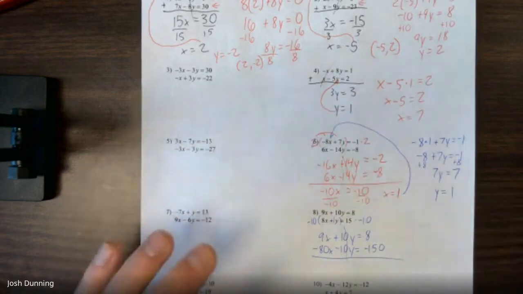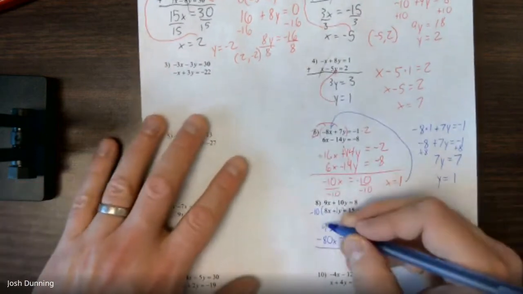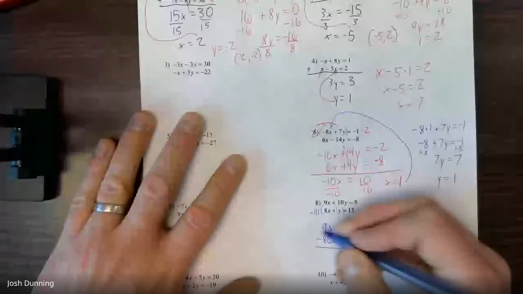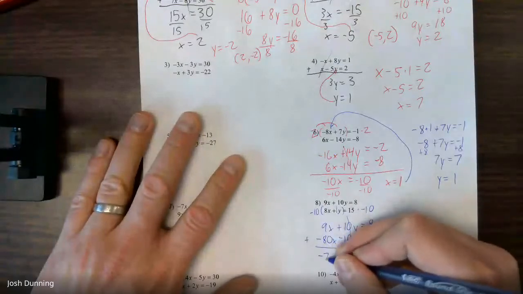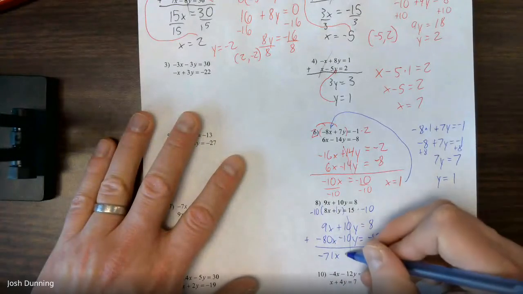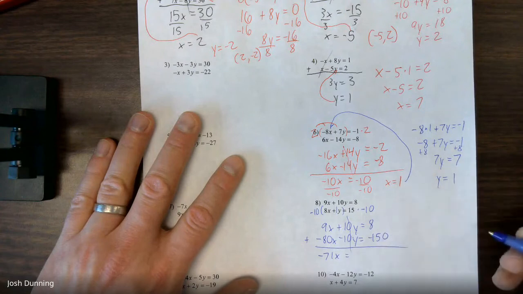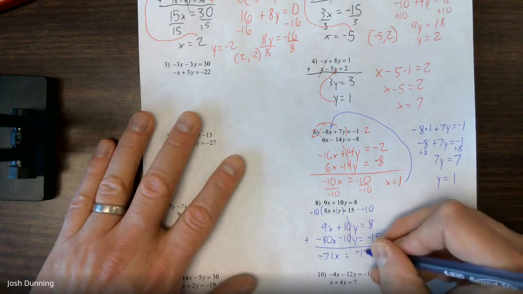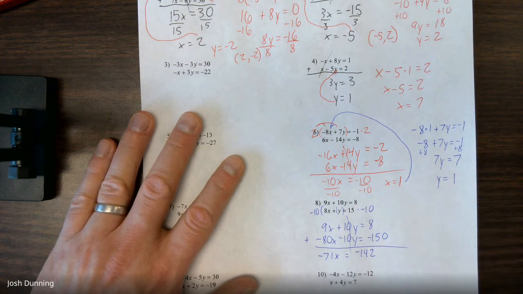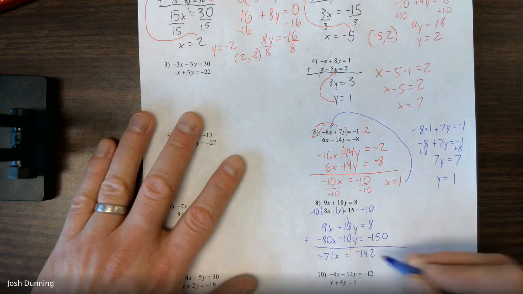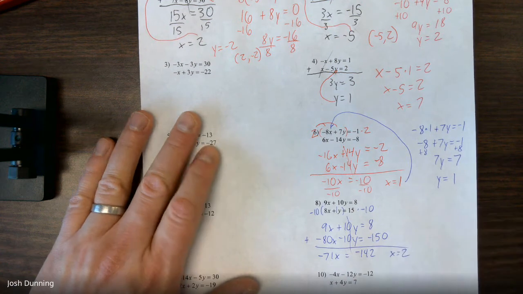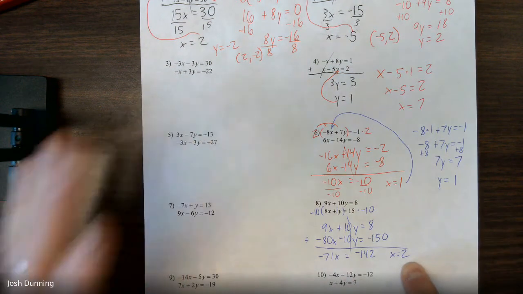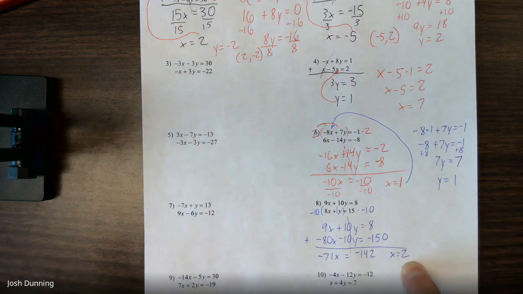Now my y's cancel right out. 9 plus negative 80, negative 71x. 8 plus negative 150, or 8 minus 150, same thing, negative 142. Divide by negative 71. Ooh, nice. 2. Easy whole number.